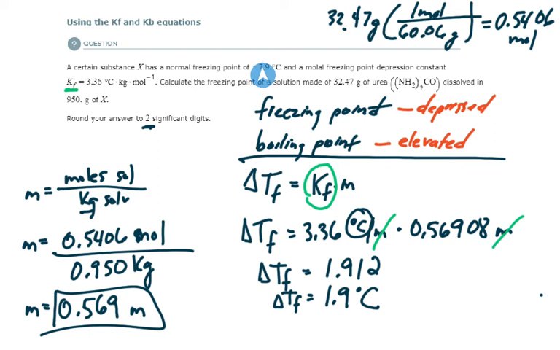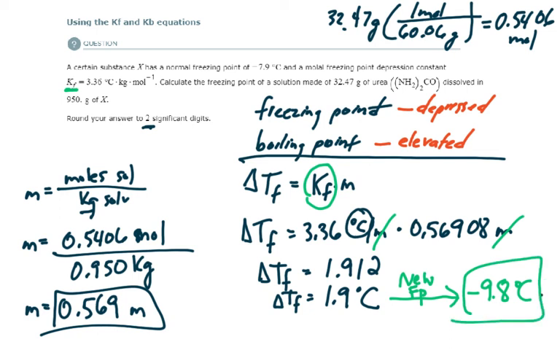So it's going to depress that even more. So negative 7.9 minus 1.9 is going to give us a new freezing point of negative 9.8 degrees Celsius.